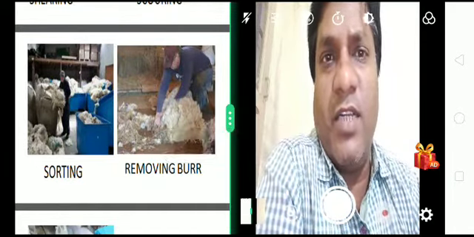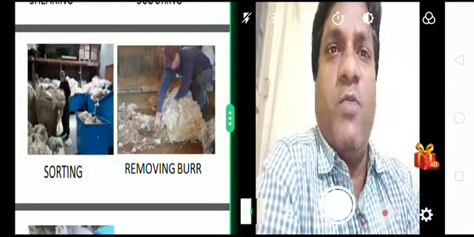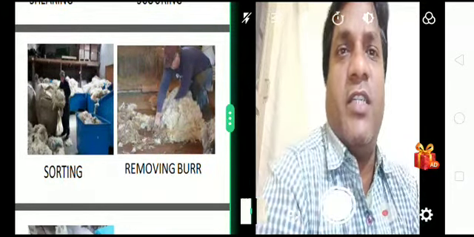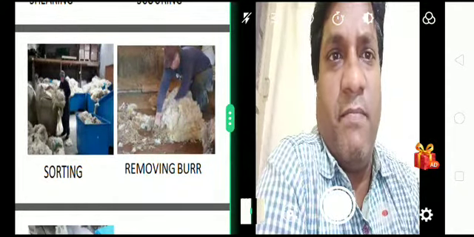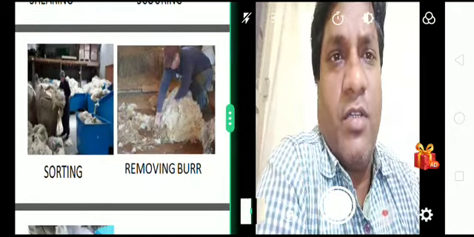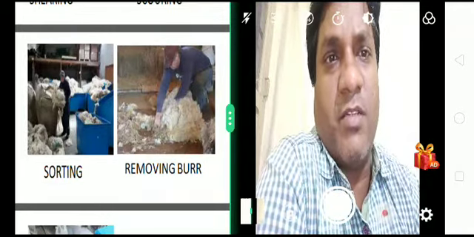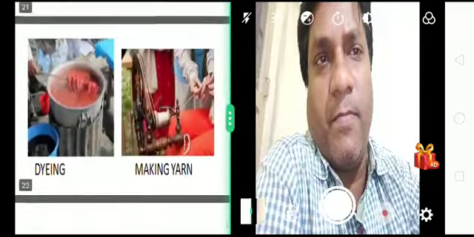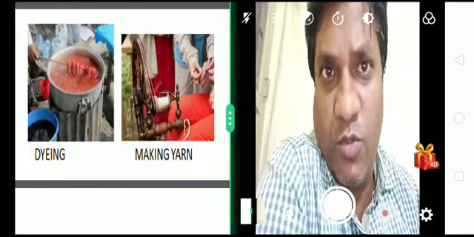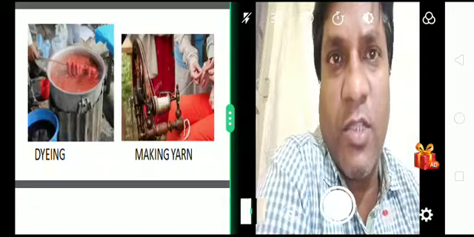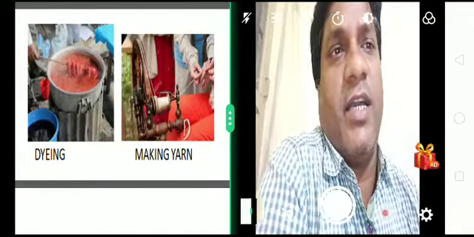The next diagram shows the sorting process, where wool of different quality and different textures is sorted into different bins. The next one is the removing of burr. This is also done manually. A person here is seen removing the burr from the wool. Now this diagram shows a manual dyeing process where the wool is being colored, and the last one is making yarn.